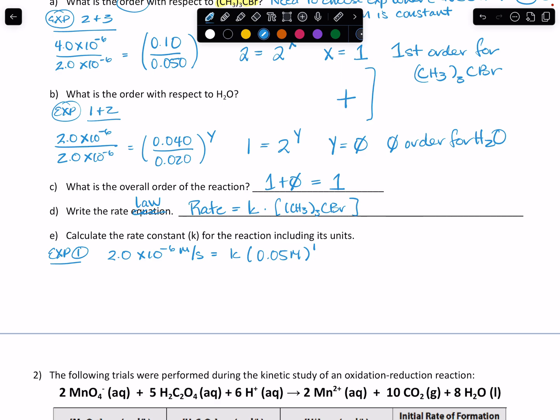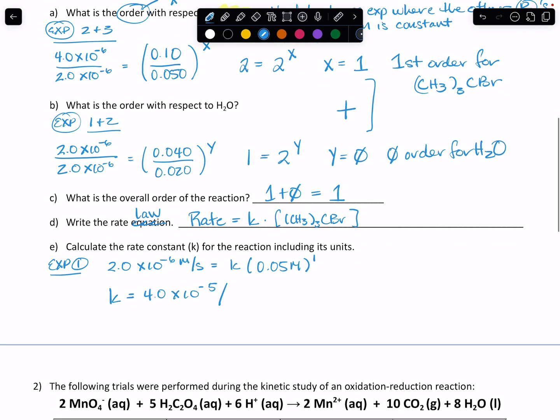All right, so we're going to divide 0.05 to the other side, and we find that K is equal to 4.0 times 10 to the negative 5th. And my unit here, the molar is going to cancel.